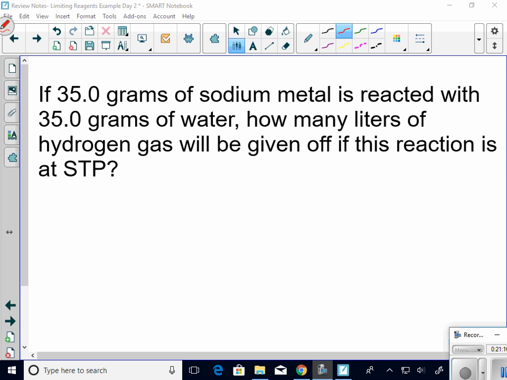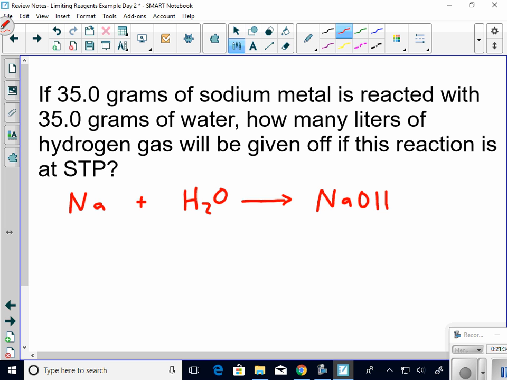So sodium metal reacting with water is going to give me sodium hydroxide and hydrogen gas. Now you're probably going to need to use your help sheet from reaction predictions to do some of these. Okay? This is not balanced.